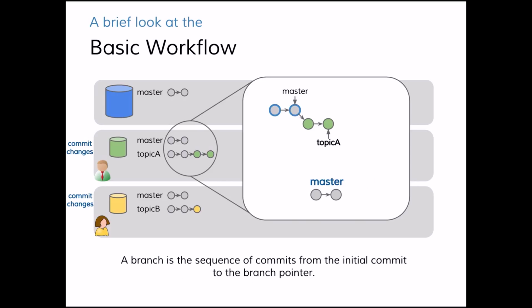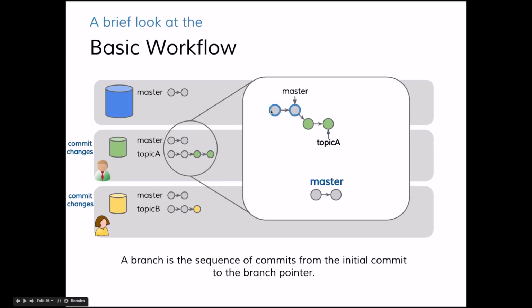With this way of storing branches, Git can determine the commit history of each branch by going backwards from the commit to which the branch pointer currently points to, back to the initial commit of the whole commit history. So for instance, to find out the commit history of the branch master, we take the commit to which the pointer of the master branch points to, this is this one, and collect all commits backwards.